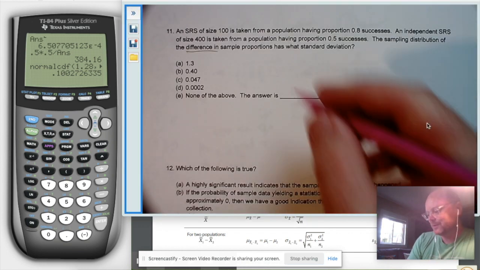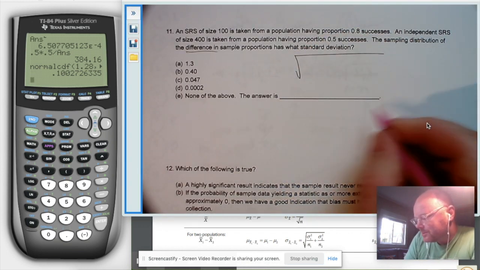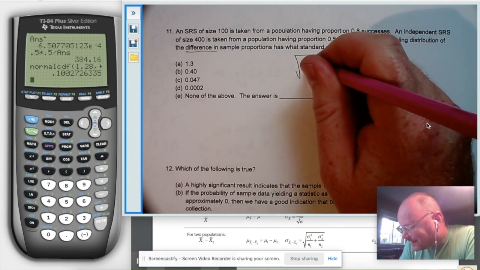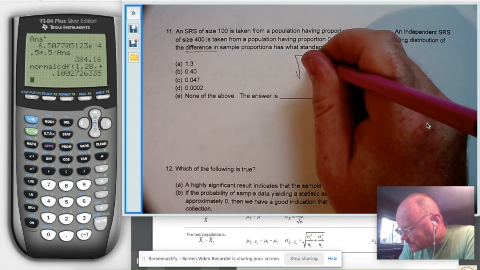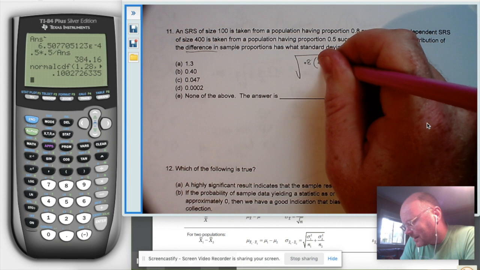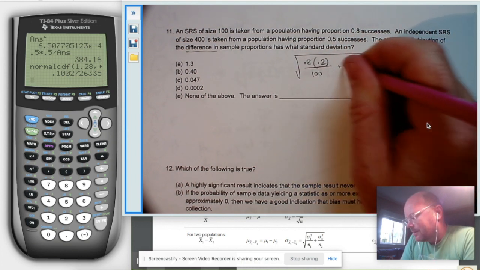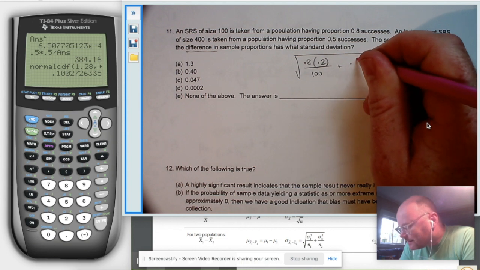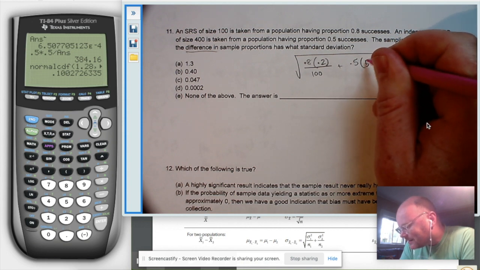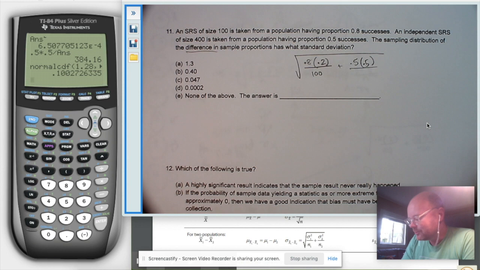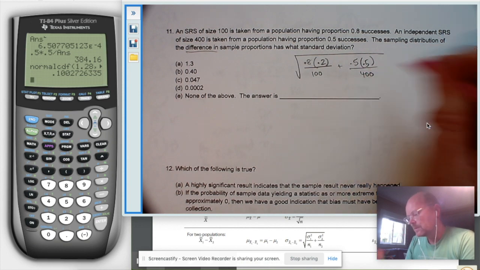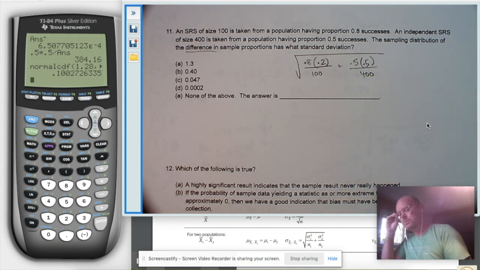So that normal formula is p hat and 1 minus p hat in the first group over the first sample size, then p hat and 1 minus p hat in the second over the second sample size. I'm just combining those two random variables.